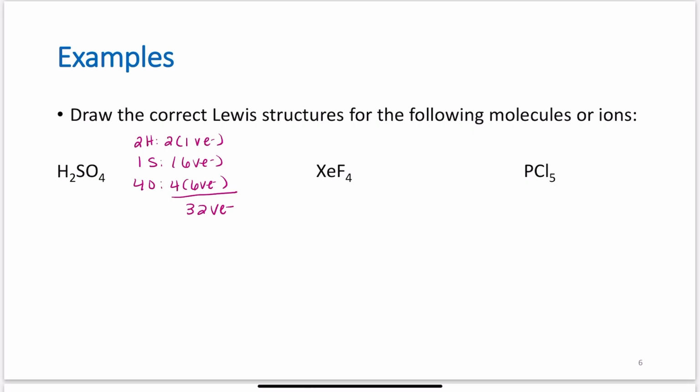Now, what you have to recognize is that this is an oxyacid. How do I know that? Well, I know it's an acid because I've got the H2 in front. That gives me 2 H pluses and an SO4 2 minus. It's an oxyacid because I have oxygen in the species.